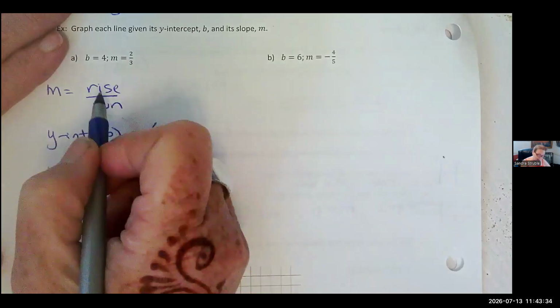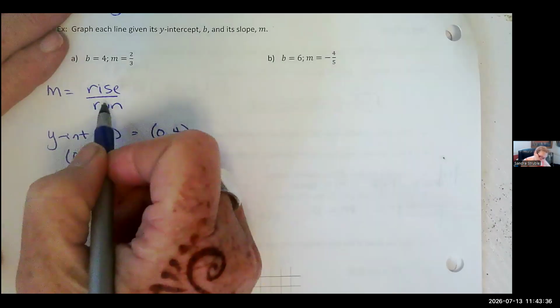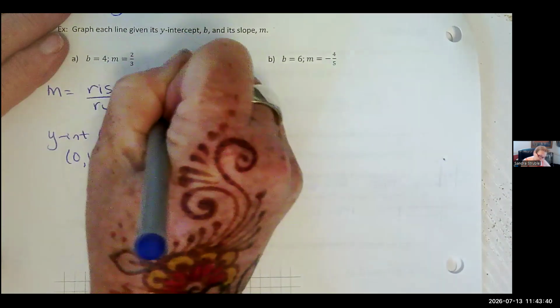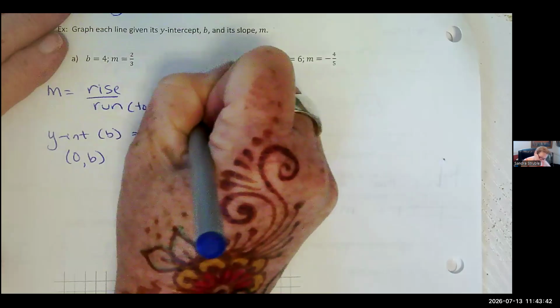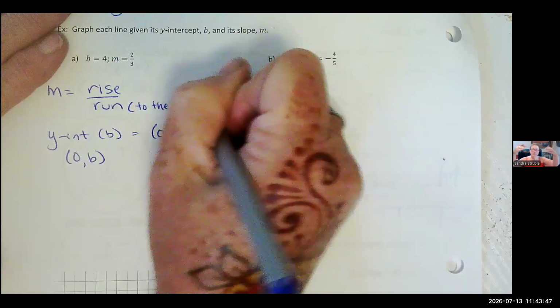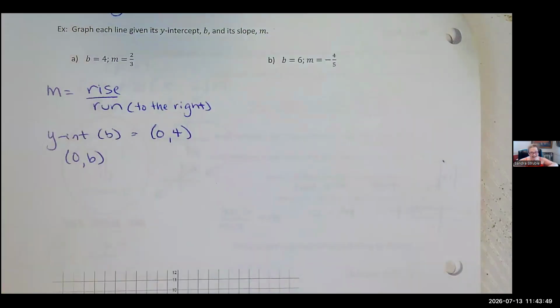And the one thing I want to tell you is you always run to the right. That's the easiest way to think about this. Your rise can be up if your slope is positive, or your rise could be down if your slope is negative.